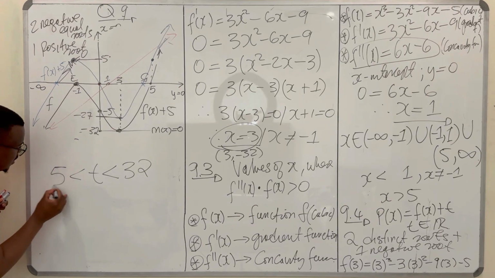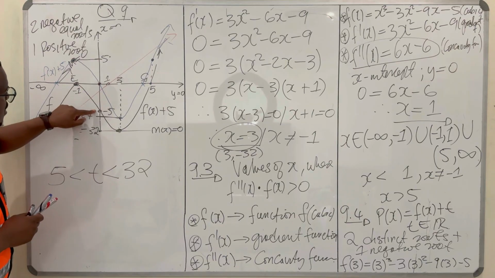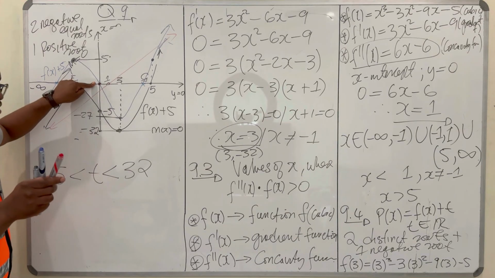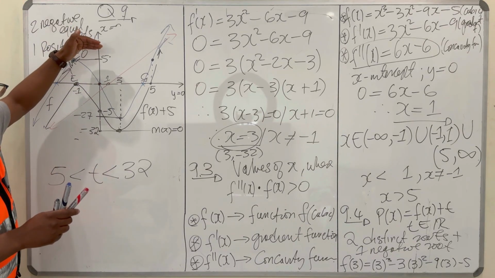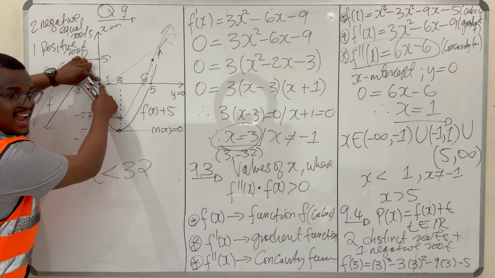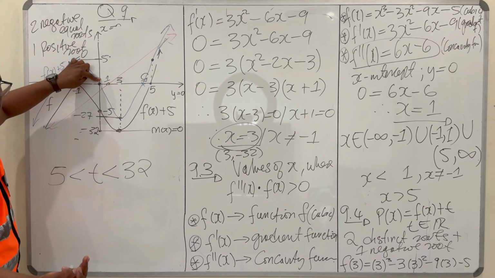What does this mean? Because it was sitting here at minus 5, shifting it 5 units pushes it here at 0. But shifting it more than 5 units pushes it above 0. And if this part is above 0, you will have another root on the right hand side of the y-axis, which will actually be positive.